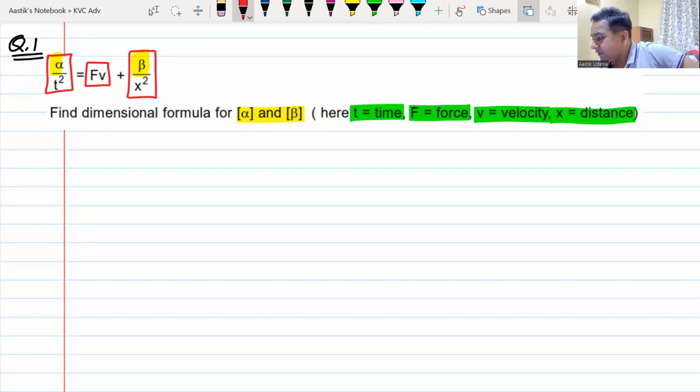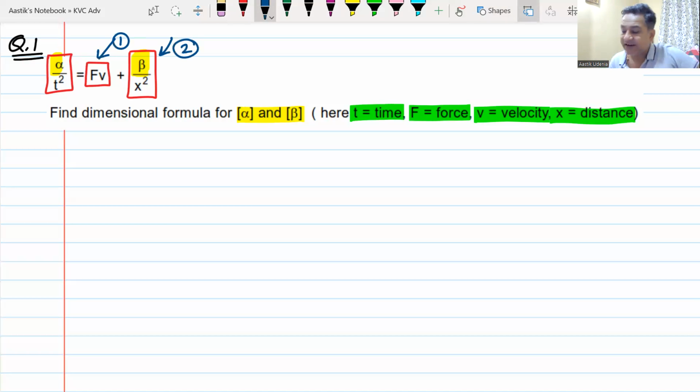Now remember, whenever we are solving a question, we are going to use simple things in solving that question. What is the simple thing that we have to use here? Now, on the right hand side, as you can see, we have two terms which are added, term number 1 and term number 2.